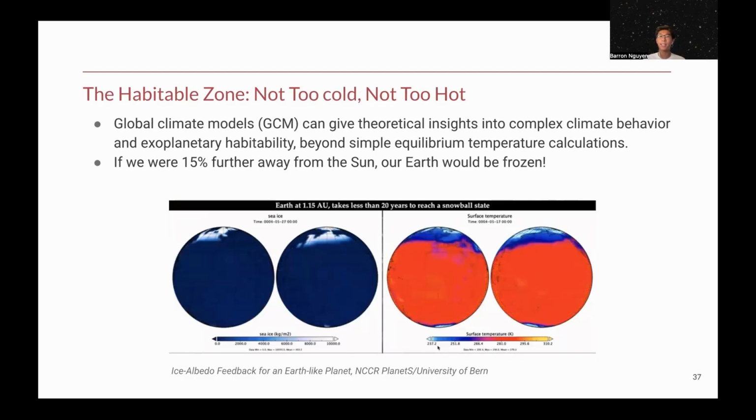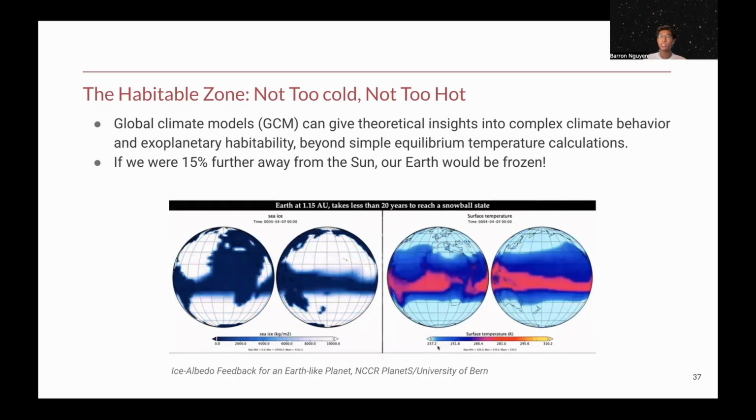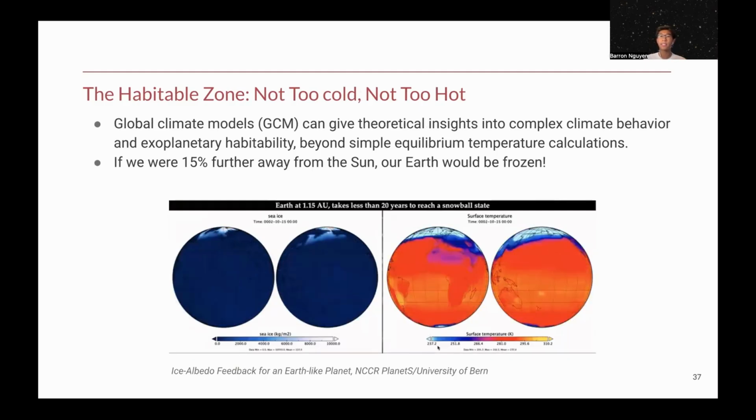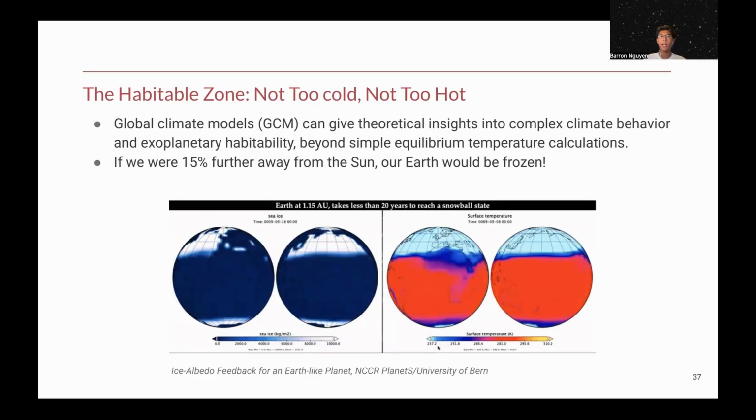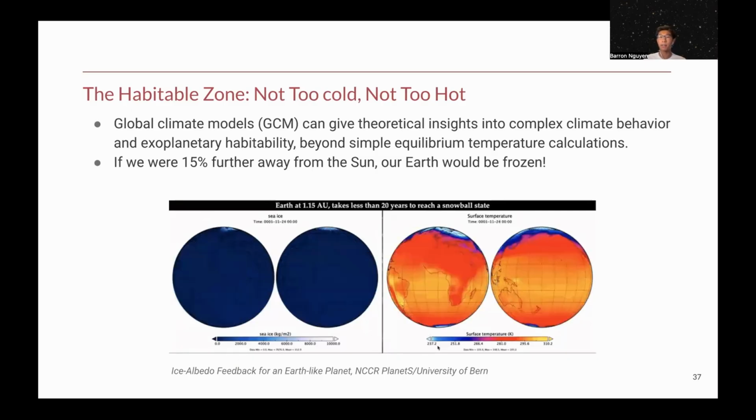So interestingly enough, these climate models, known as global climate models, GCMs, can give theoretical insights into the complex climate behavior and habitability beyond simple equilibrium temperature calculations.